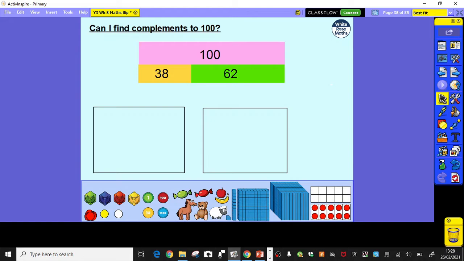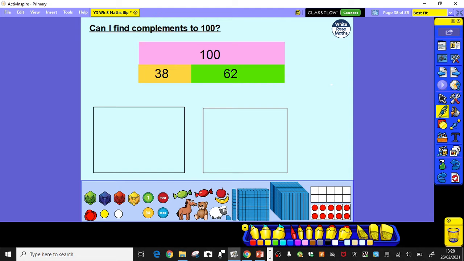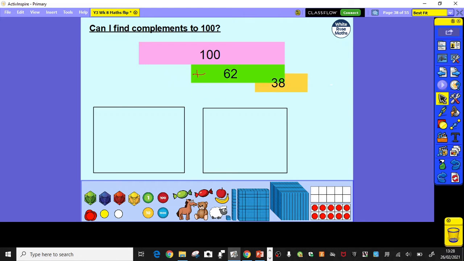Also, we can see we've got 38 plus 62, but we could swap those around. And then we've got 62 plus 38, and that still gives us 100.